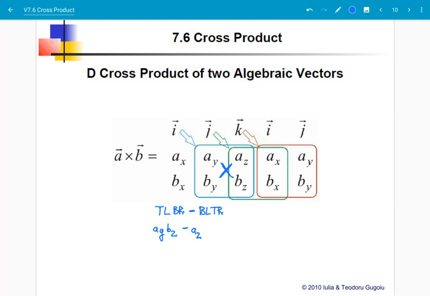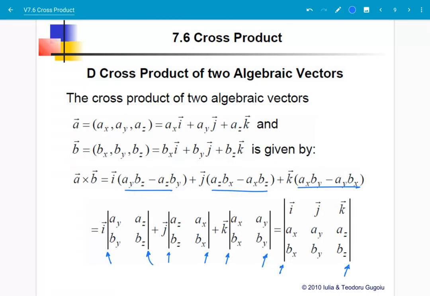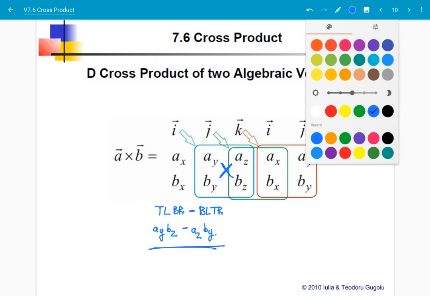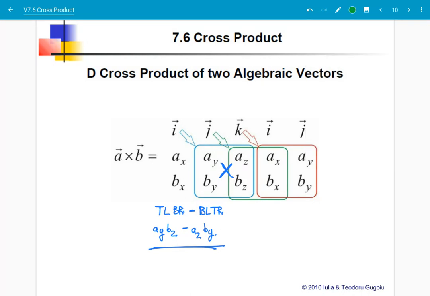So that's Az By. I just put the A term first. Now, if you look at that, Ay Bz minus Az By, and you look at the part above, Ay Bz minus Az By, that's exactly what you have. Now that's the x component of the result of cross product.